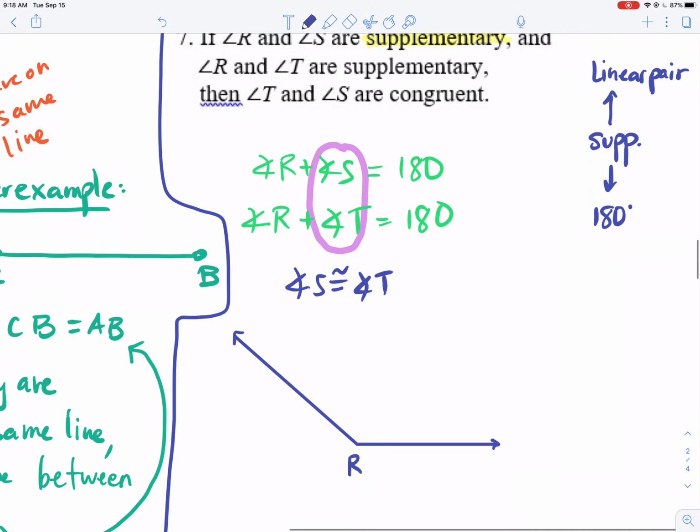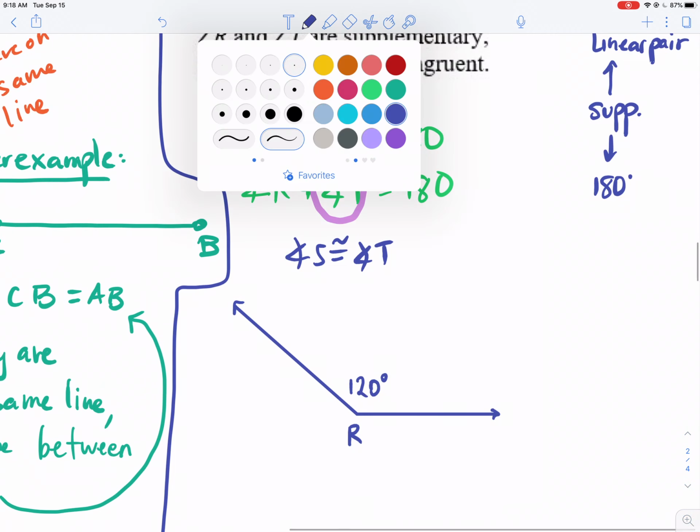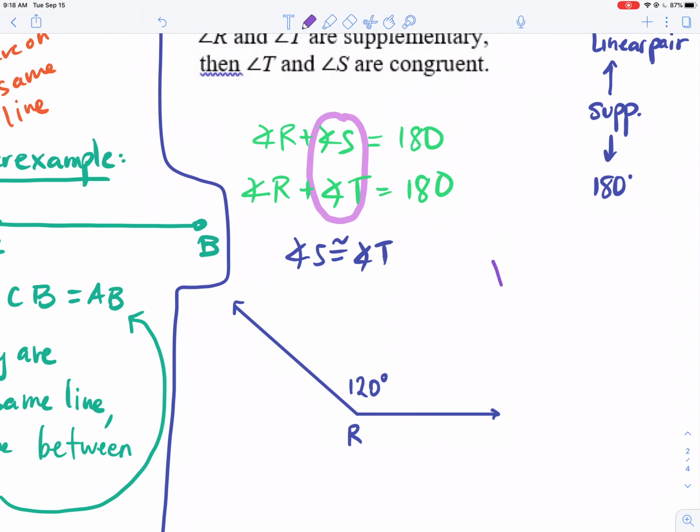Okay, angle R, we're going to say, is 120 degrees. So if angle R is 120 degrees, then my angle S is supplementary to it. And I'm going to say, all right, what does angle S have to be in order to equal 180? It would have to be 60 degrees.